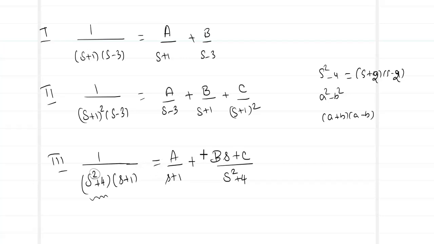So now we will see how to find inverse Laplace for functions of this kind when they appear. We will see them one by one. The first question: let us find the Laplace inverse of 1 divided by s minus 2 into s plus 3.